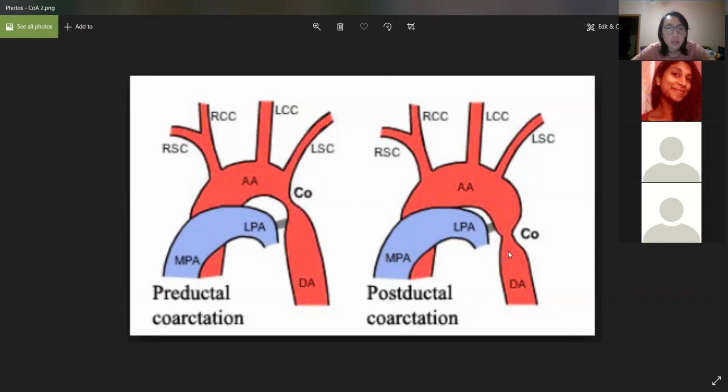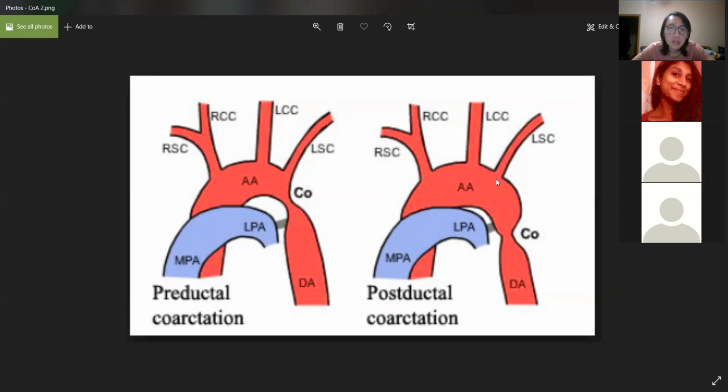Okay, so let's start with your postductal coarctation or your discrete juxtaductal coarctation. We talked about last week that in discrete juxtaductal coarctation, blood flows through the narrowing of the segment, through this narrowing here, normally, but there is left ventricular hypertrophy and hypertension.